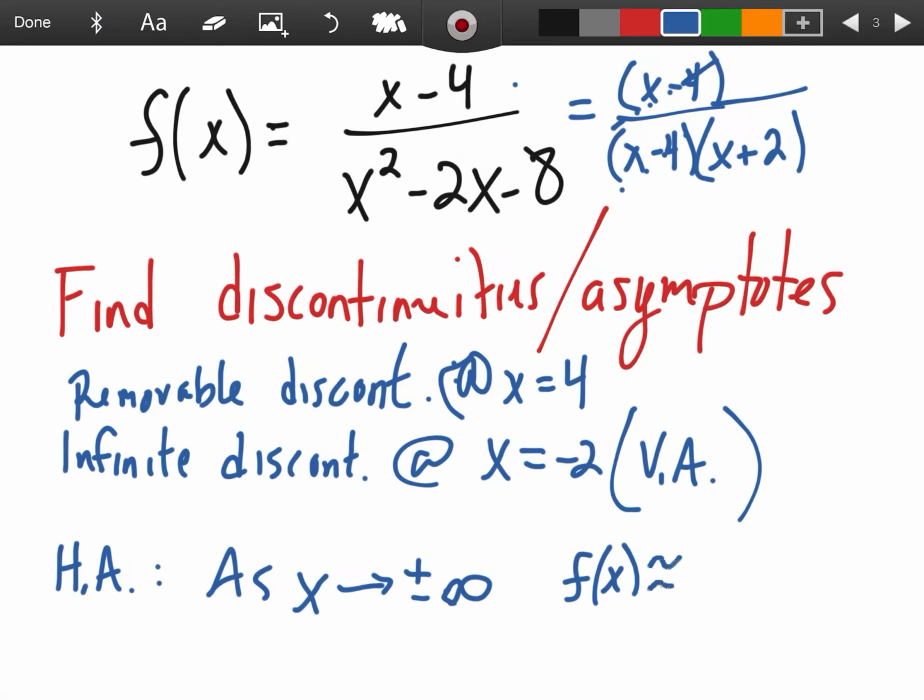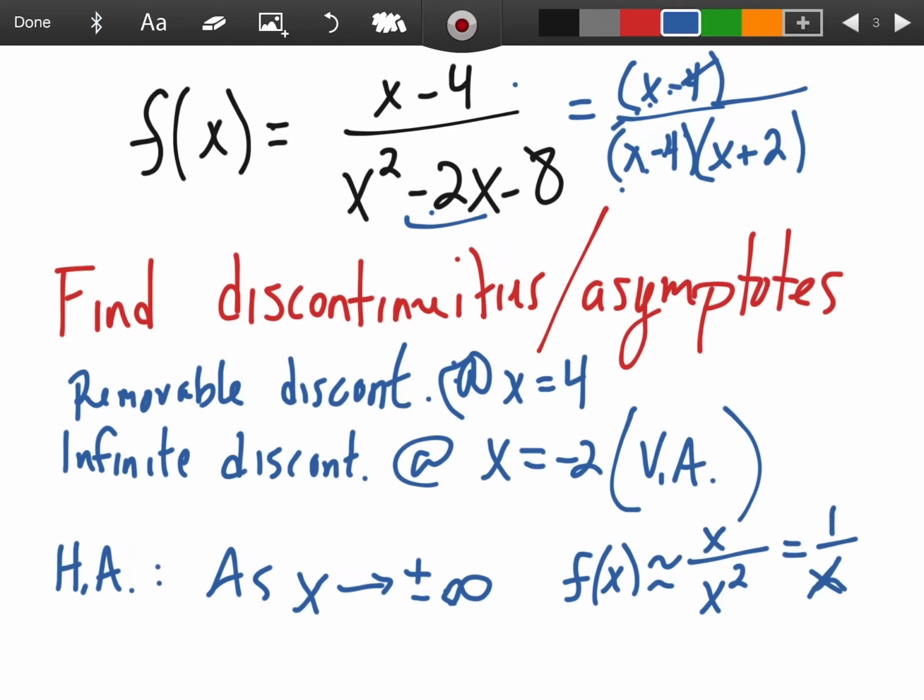No. So as x goes to positive or negative infinity, the numerator can really just be approximated as x. And my denominator, well, infinity squared, or 1 billion squared, is a lot greater than -2 times 1 billion. So again, all we care about from the denominator is just that term with the highest exponent. So we have x over x squared, which is the same exact thing as 1 over x.